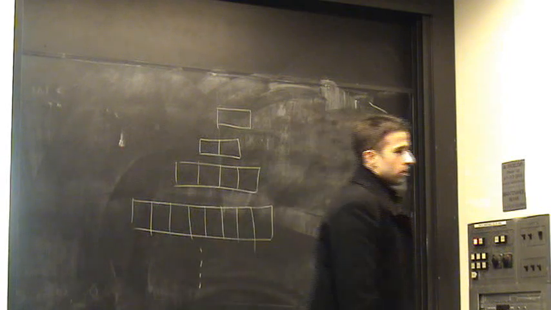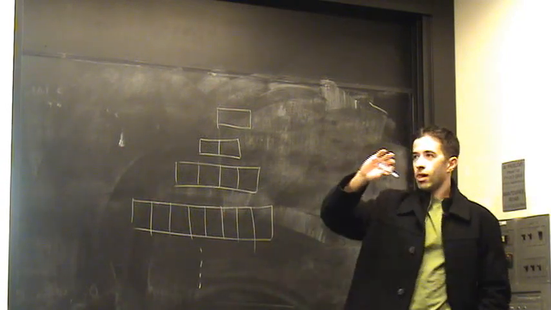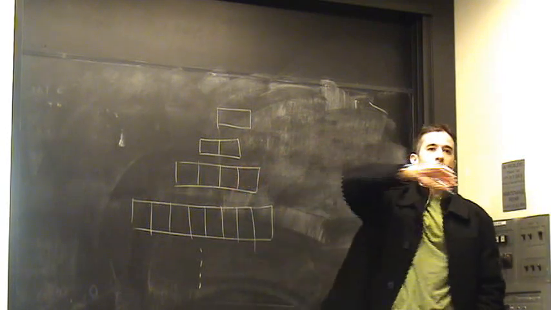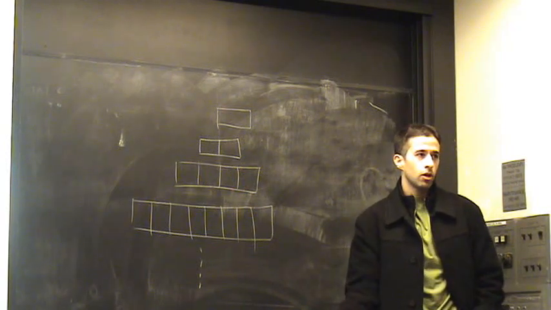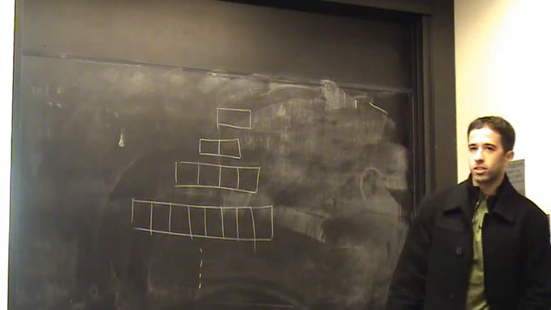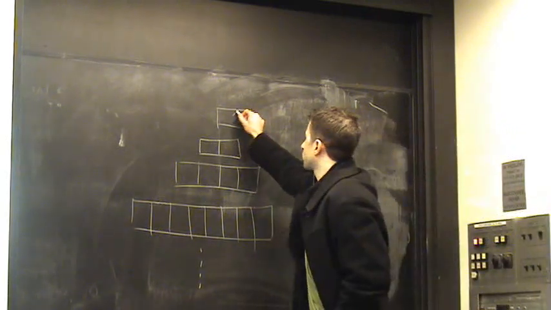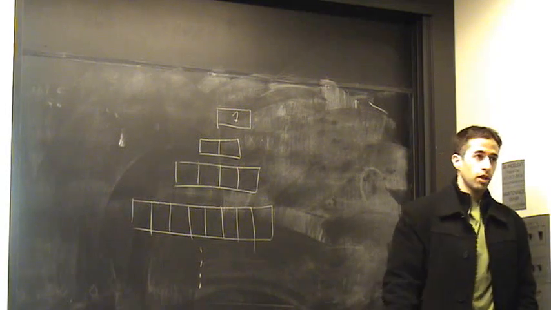The rule for inserting into this data structure is the following. At any given level, that level is either completely empty or completely full. The very first thing I insert, let's say I'm inserting in sequential order, is a 1. That goes there. Then I want to insert another value.